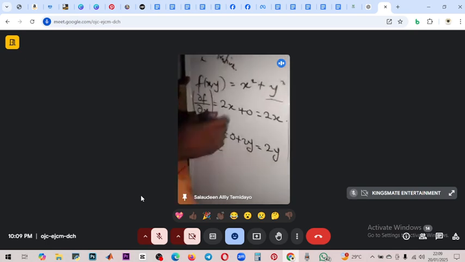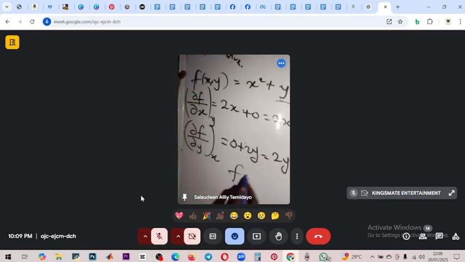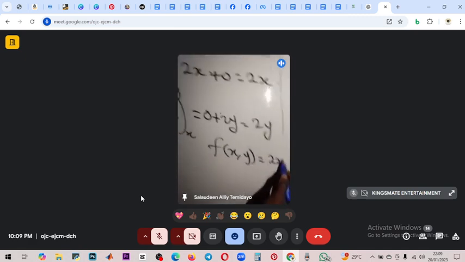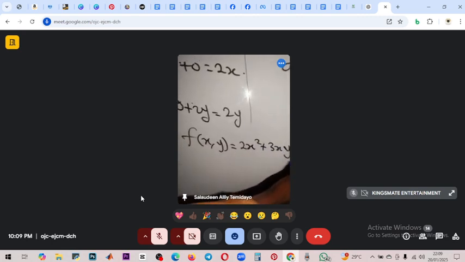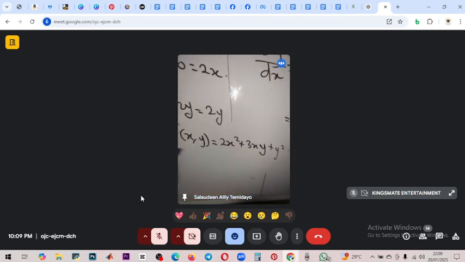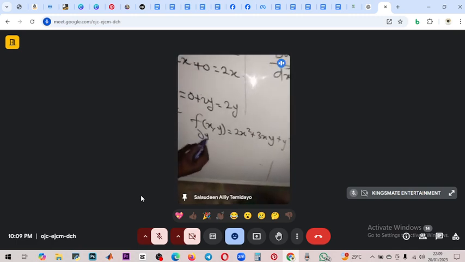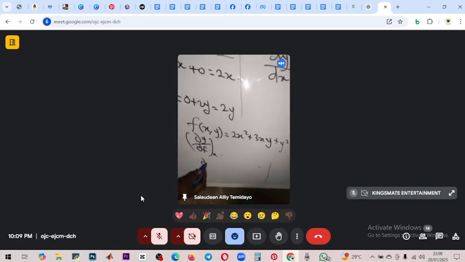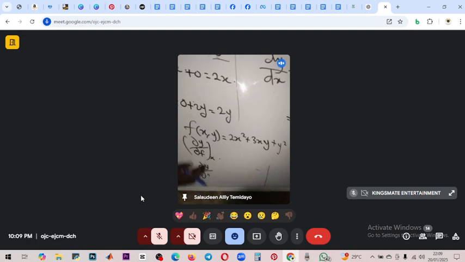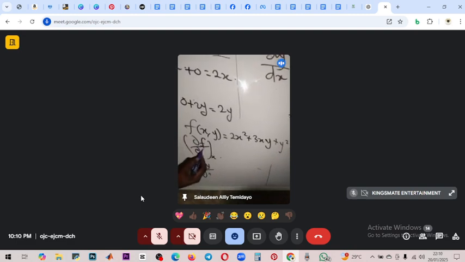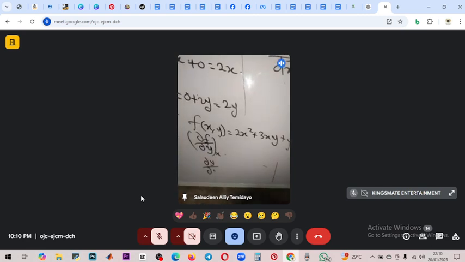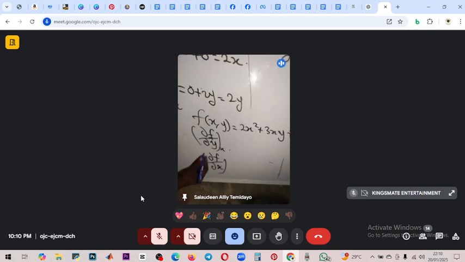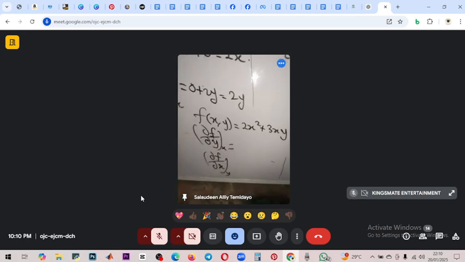Now, if this is my f, which is a function of x and y, is equal to 2x squared plus 3xy plus y squared, find ∂f/∂y with x constant and find ∂f/∂x with y constant.